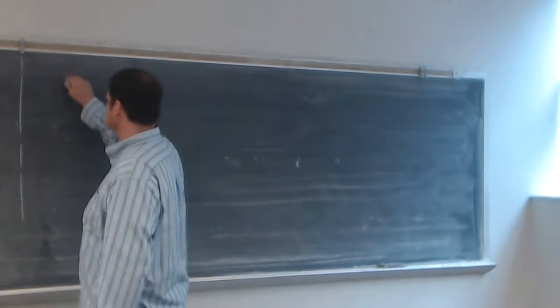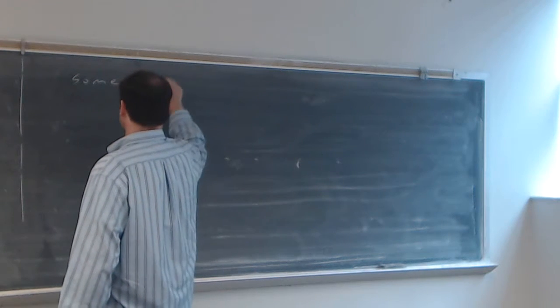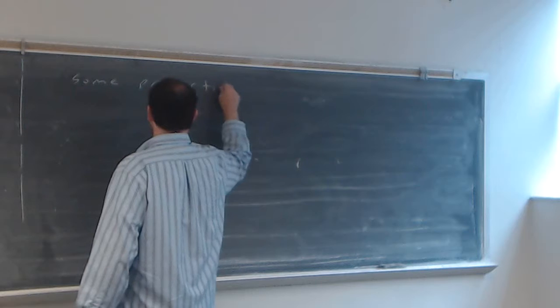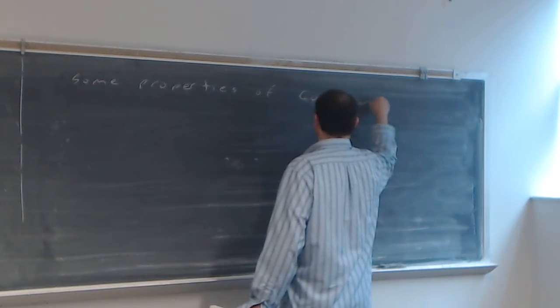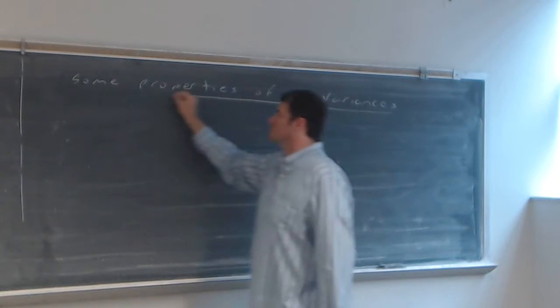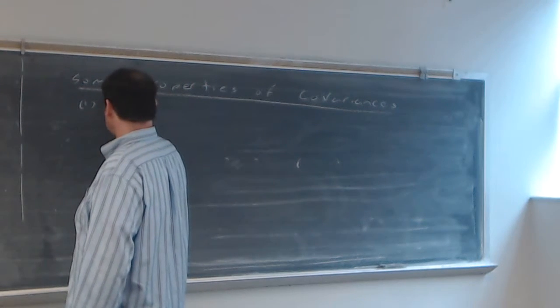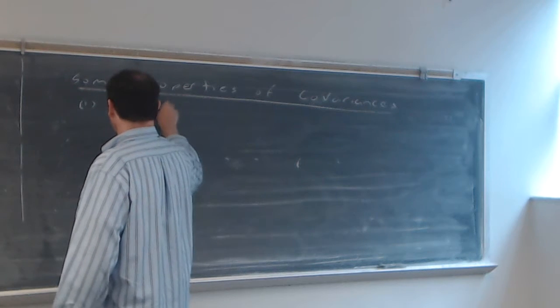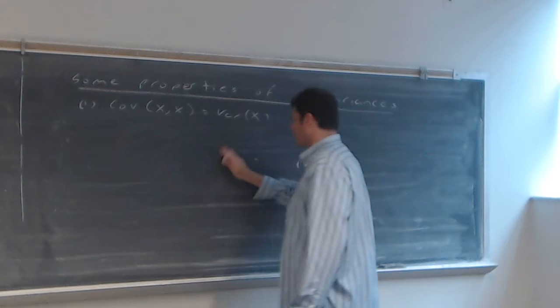Some properties of covariances. So the first one is the covariance between x and x is nothing more than the variance of x.